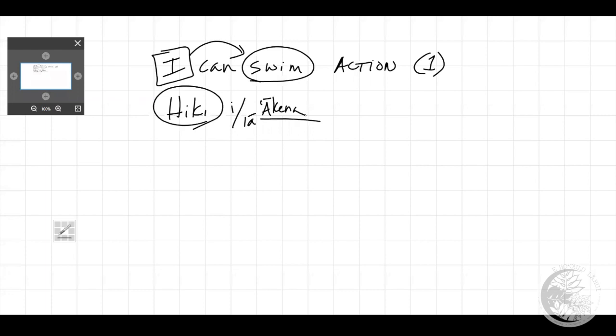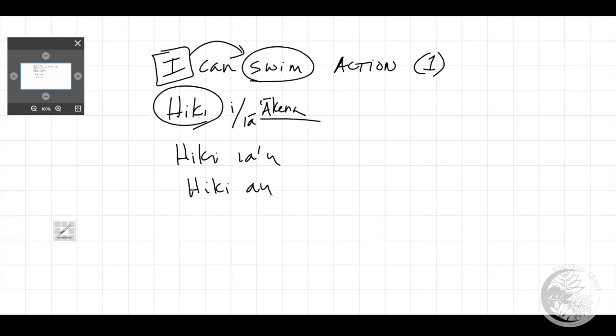Now, with this idea of I, we can clearly say hiki iaʻu. And again, it's not I can in Hawaiian thinking, but it's a possibility to me. It's a capability to me. That's how it's always been expressed. We should never, of course, express the idea hiki wau.